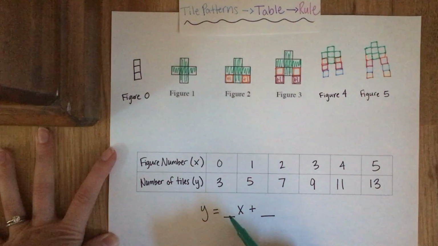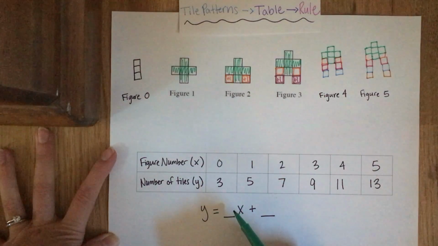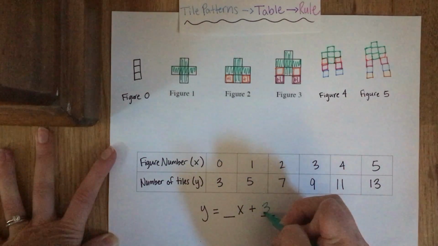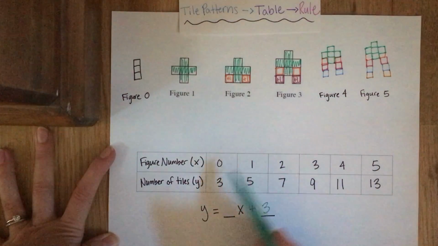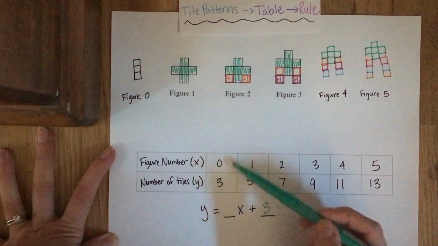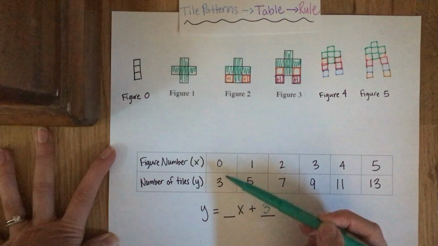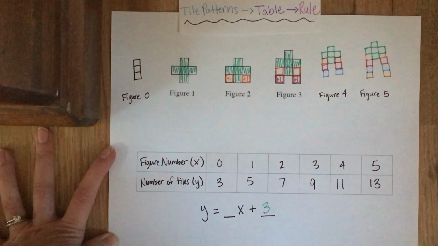So 0 times 5, 0 times 4, 0 times 2, it's going to equal 0. So if I need y to equal 3, then we need to add 3. So if you can make your table get to this 0 point here, that 0 term, when x is 0, the y value is what we're adding in our rule or our equation.